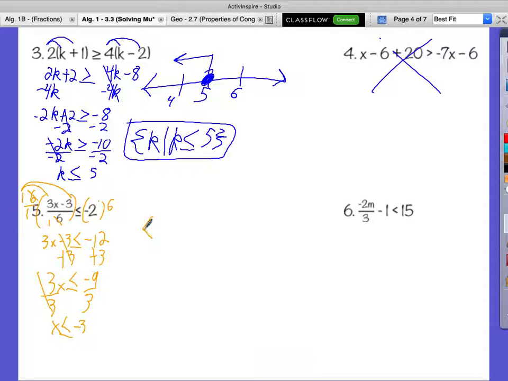Don't have to worry about that. So we have x is less than or equal to negative 3. A closed circle at negative 3, and we go arrow to the left because it matches this symbol down here. We do our set notation, which as I saw, we do pretty well with: x such that, then we put our inequality, x is less than or equal to negative 3.